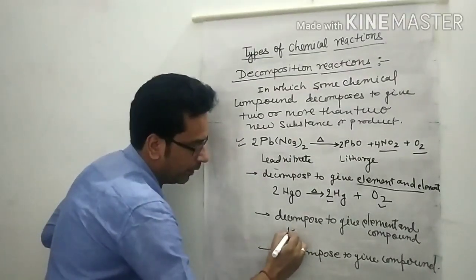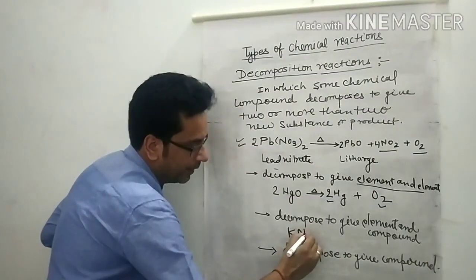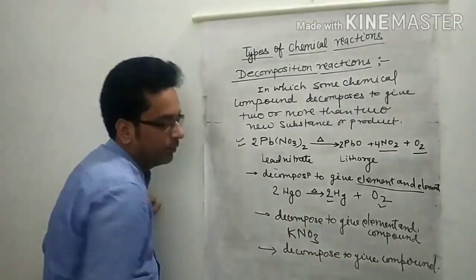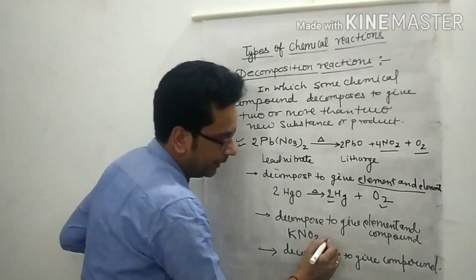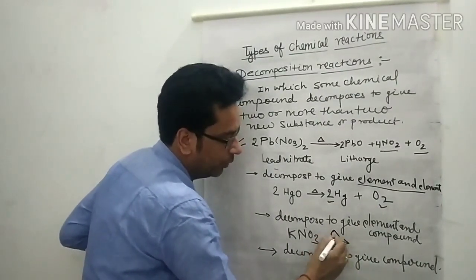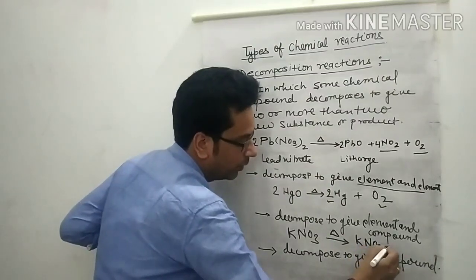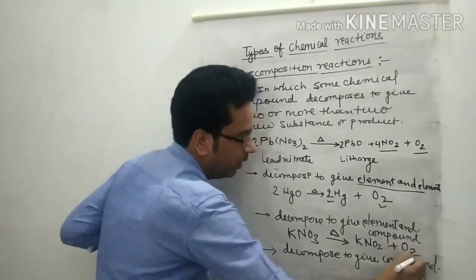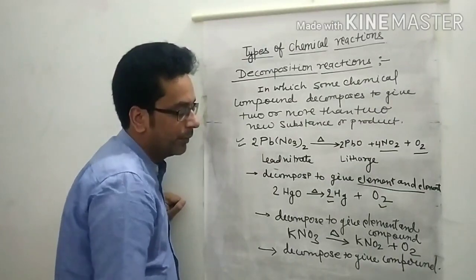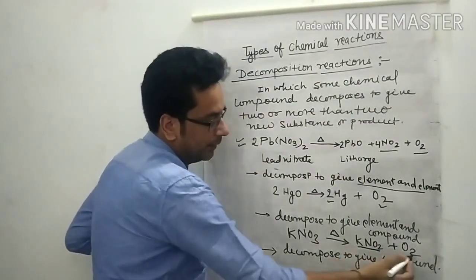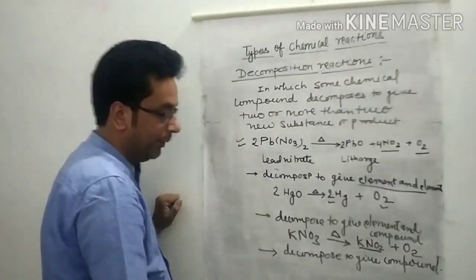Example, look here, potassium nitrate decomposes to give KNO2 plus oxygen. Look here, this is a compound and this is an element.